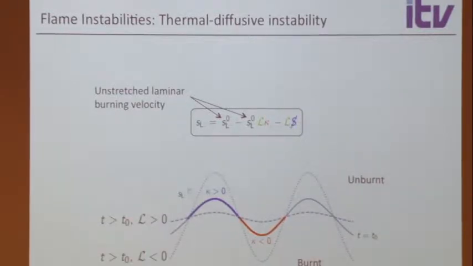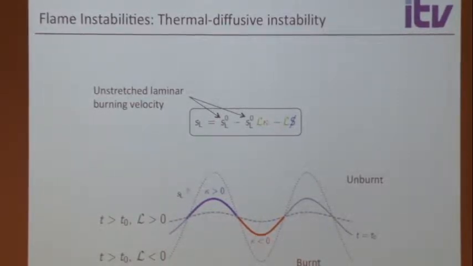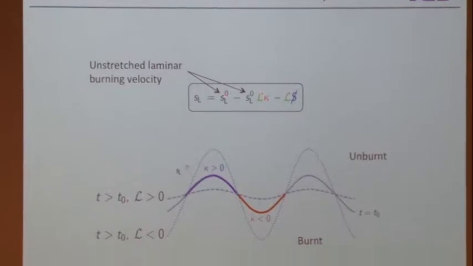However, if the Markstein length is less than 0, is negative, and that is the case, for example, for lean hydrogen flames, then you see this is positive curvature. The Markstein number is negative, and the Markstein length is negative, and so this will be faster.